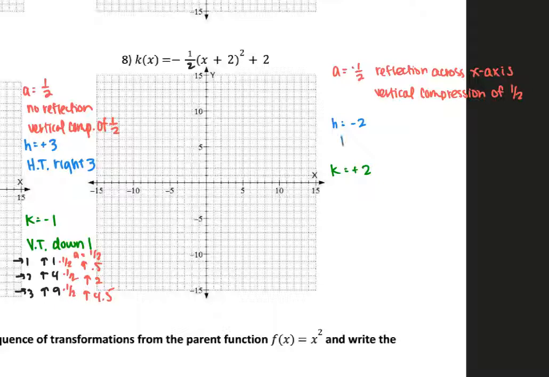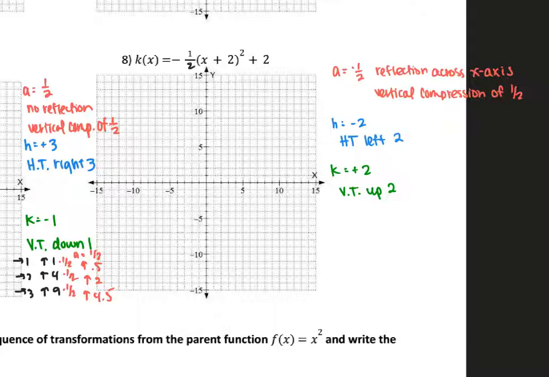H tells me horizontal translation, and in this case, we have a horizontal translation left 2 units. And then K tells me the vertical translation, so we have vertical translation up 2 units from our parent function.